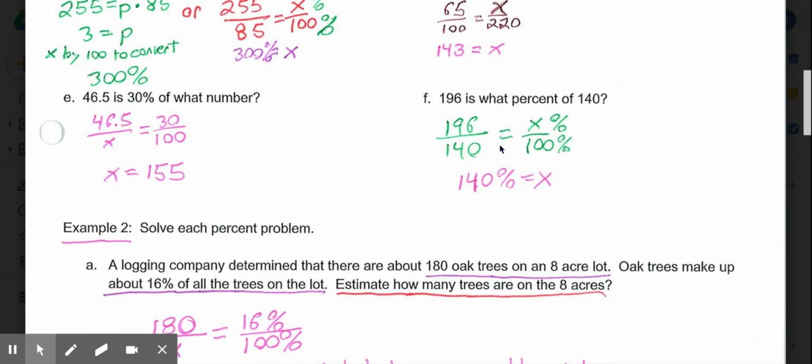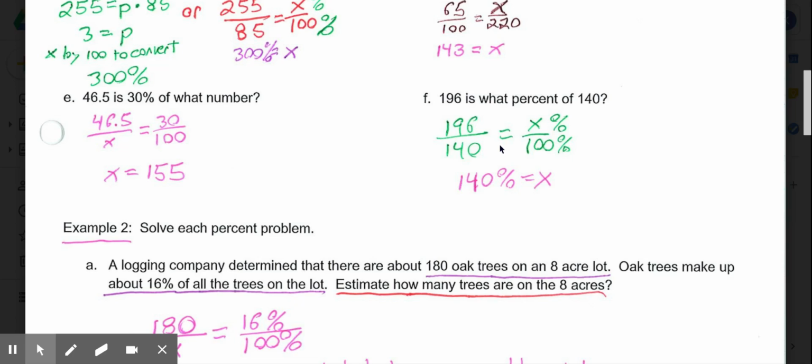In E, 46.5 is, so they gave me the is, 30% of what number? So we're looking for the of. So 46.5 over x equals 30 over 100. Cross multiply 46.5 times 100, divide by 30, and x equals 155.